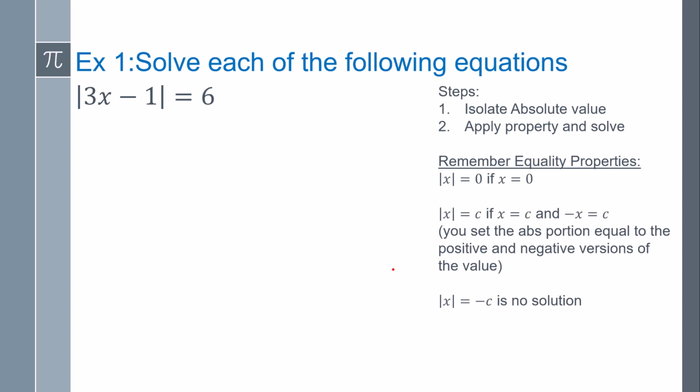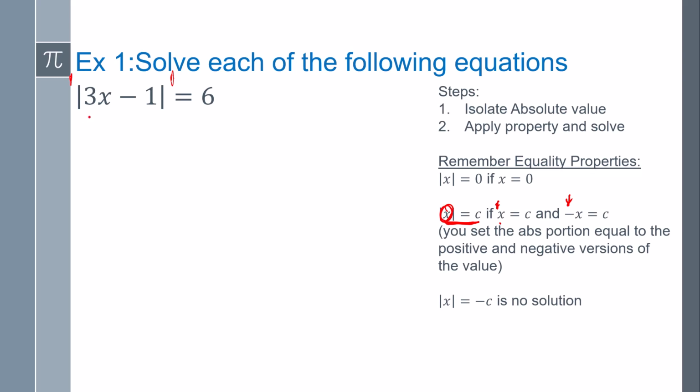So if there's anything outside the absolute value, we want to isolate and get the absolute value by itself. Once you do that and apply the property, if you read the property, it says the absolute value of x, if it equals a number, you assume that what's inside the absolute value is positive or negative.